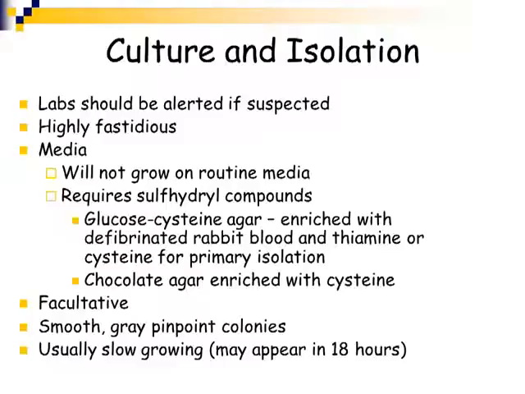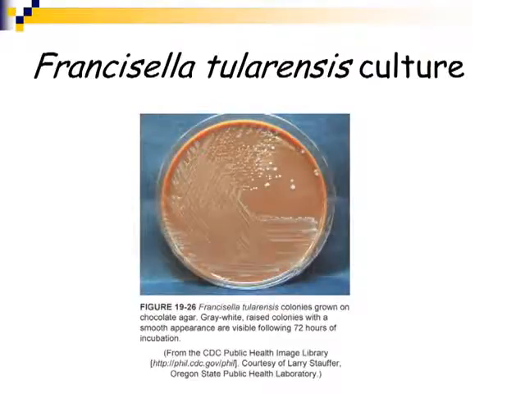You can get colonies showing up after overnight growth, but in order to really see it, it takes a couple of days. So here is Francisella tularensis, and this is after 72 hours on a chocolate agar.